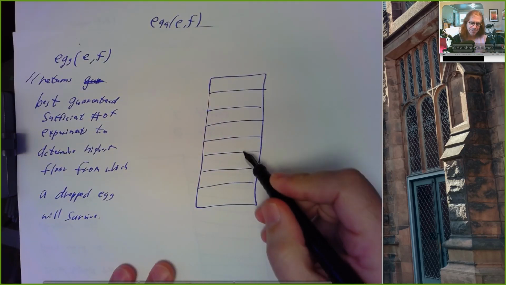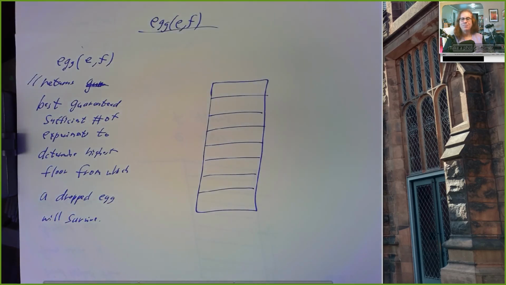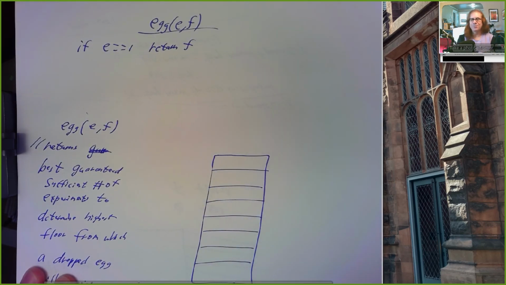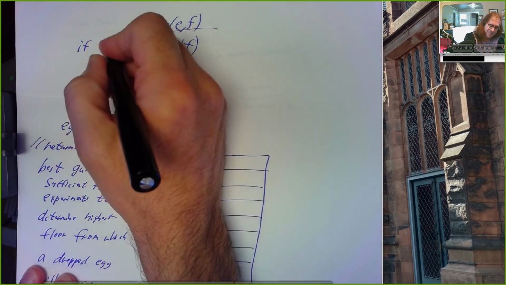Experiment 1, 2, 3, 4, 5, 6, 7, 8. 8 floors. It might take 8 experiments. You might get lucky and you find the answer after 1, but we can't guarantee that. If this is like a super duper kryptonite egg, we might have to test every single floor up to the top one. So the best we can guarantee is F experiments.